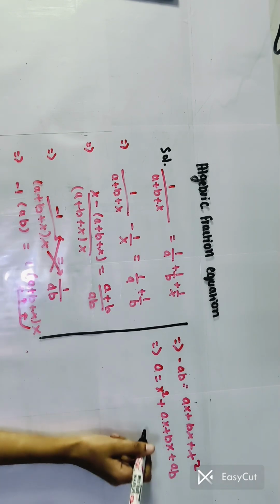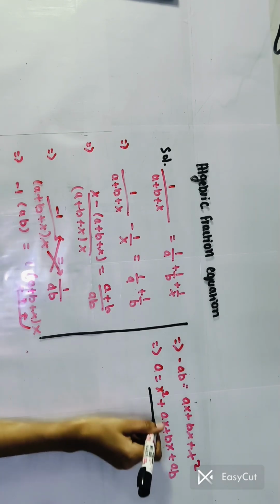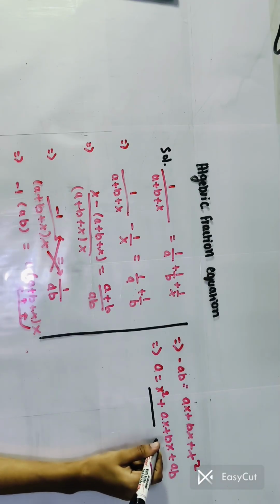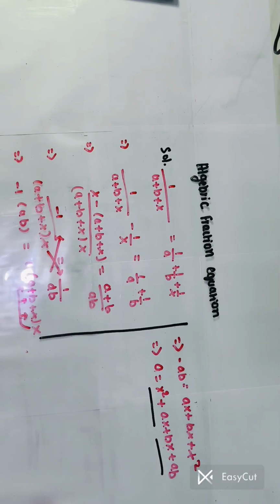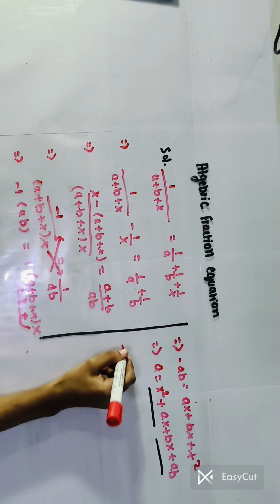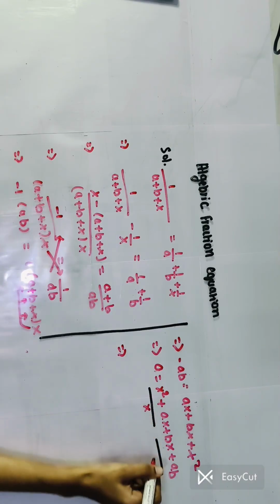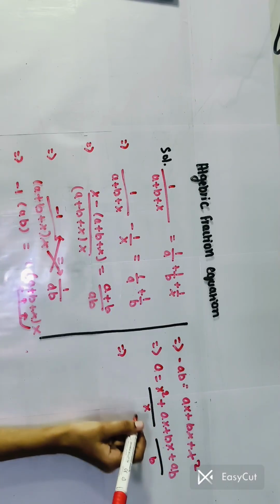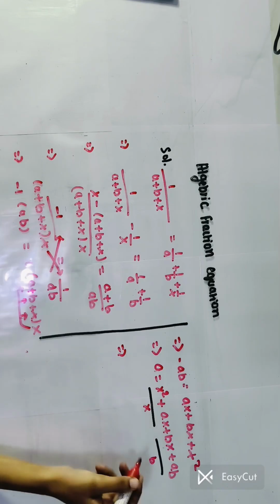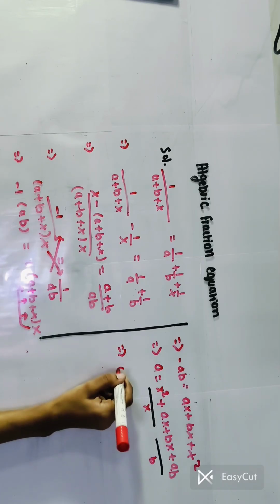So here I'm going to take x in common, and here I'm going to take b in common. It's not division, I'm telling you what I'm going to take in common.